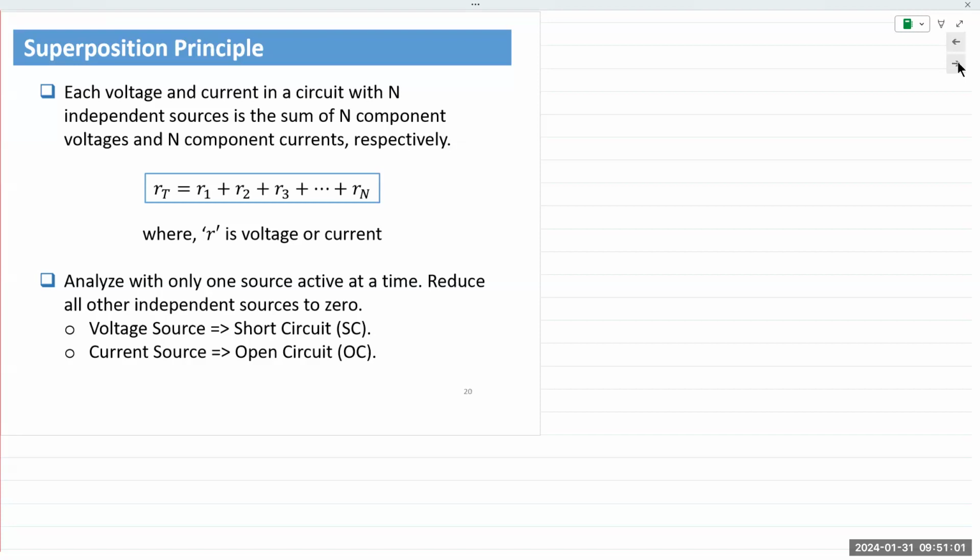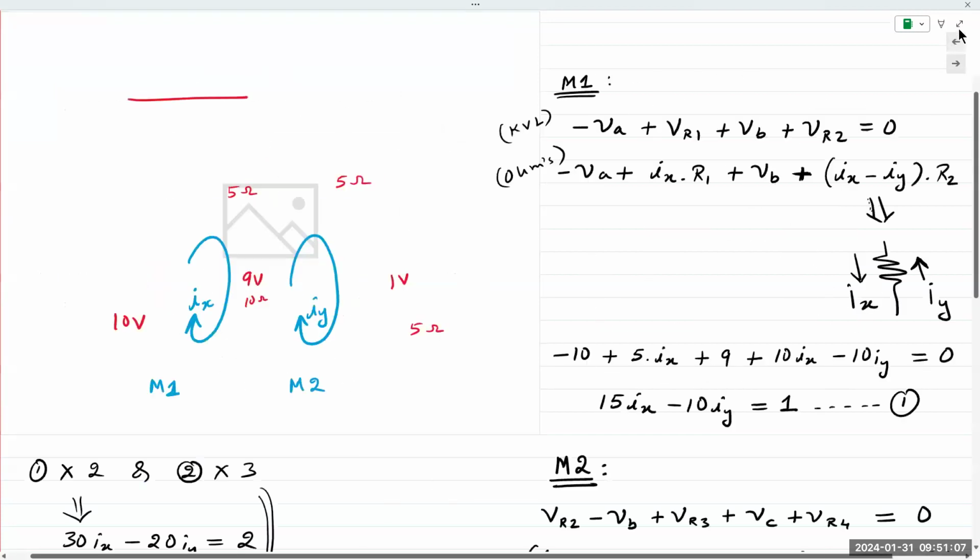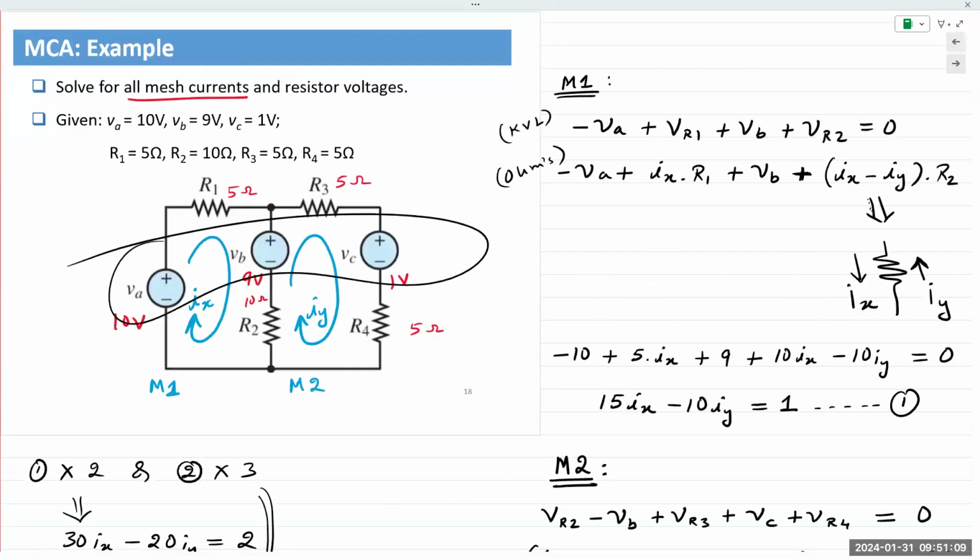And that's what we did with the node voltage analysis and the mesh current analysis. Here, in this example, we had 3 voltage sources, VA, VB, VC. So the current through R2, which we found as 0.15 amps, is a result of all 3 sources, A, B, and C, working together.